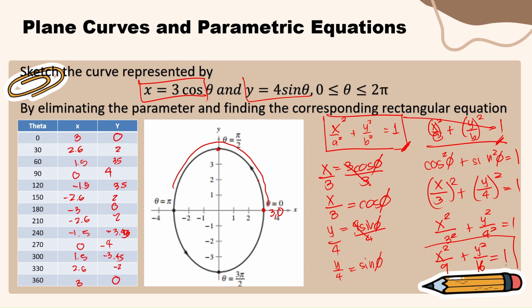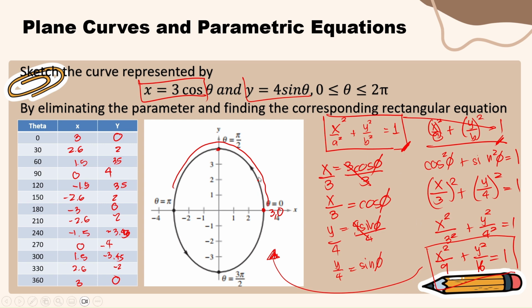So this equation is an equation of an ellipse, which is the rectangular equation that we are looking for. And take note that for this equation, we no longer have the parameter theta. So we are successful in eliminating the parameter.